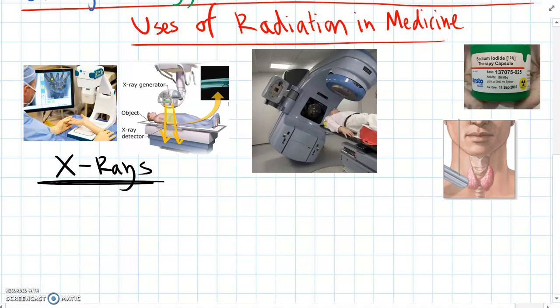But X-rays are stopped by bones. So when the X-ray hits the bone in your arm, the X-rays that hit directly on the bone get stopped, and other X-rays will pass either side of it.